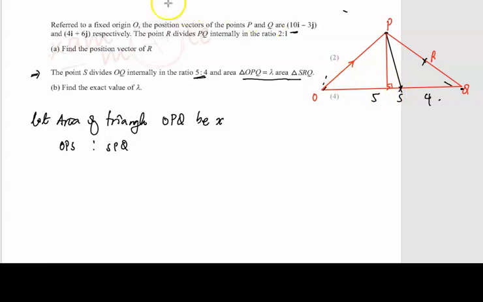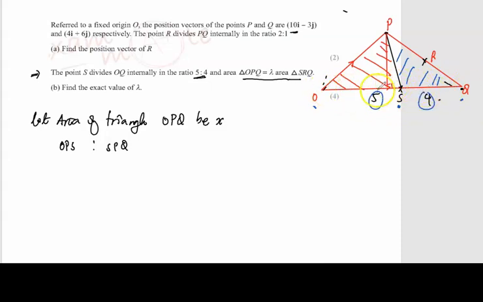Since they have the same height, the difference in their areas is going to be the difference in the bases. The base of this one is S to Q, and the base of this one is O to S. They share the same baseline OQ, which is divided in this ratio.